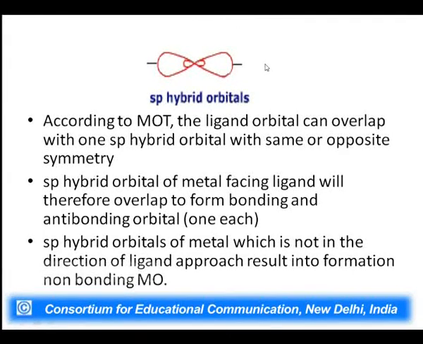Now the ligand which is approaching the metal will not necessarily have the same symmetry as that of the sp. If it has opposite symmetry, the energy would be increased. If it has the same, the energy would be lowered. Therefore, the interaction of a ligand with one of the sp hybrid orbitals will result in a bonding MO and an anti-bonding MO, which we have understood even for the simplest molecule treated with MOT, like hydrogen.